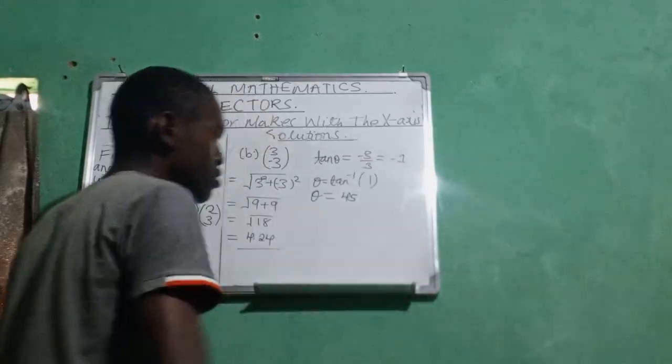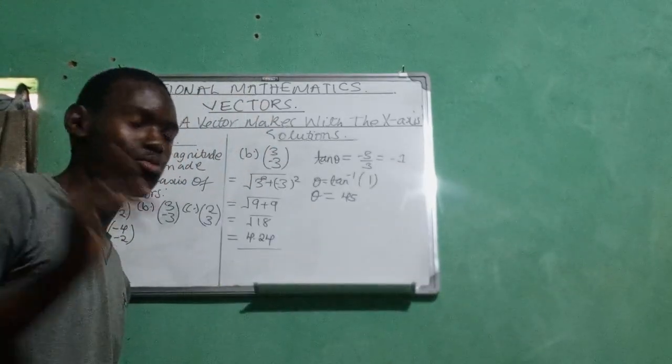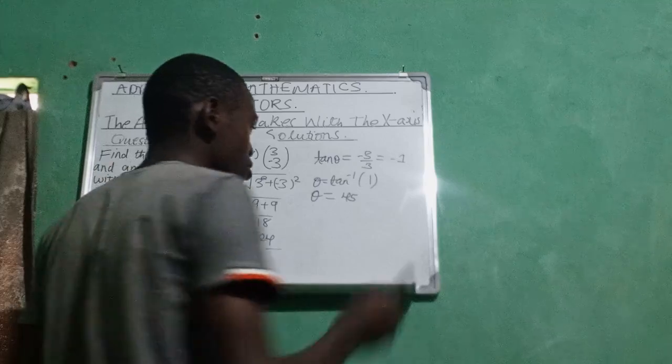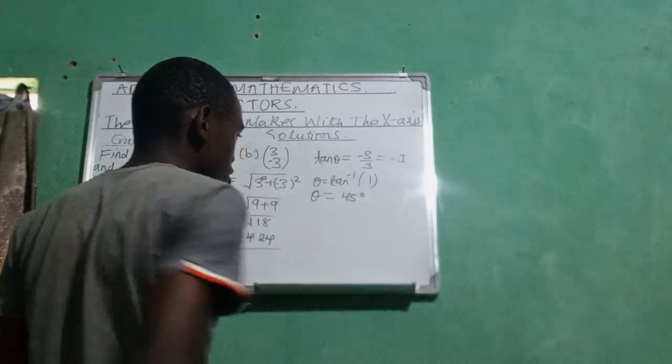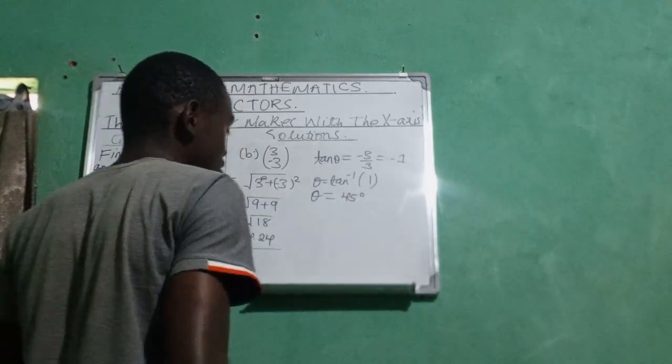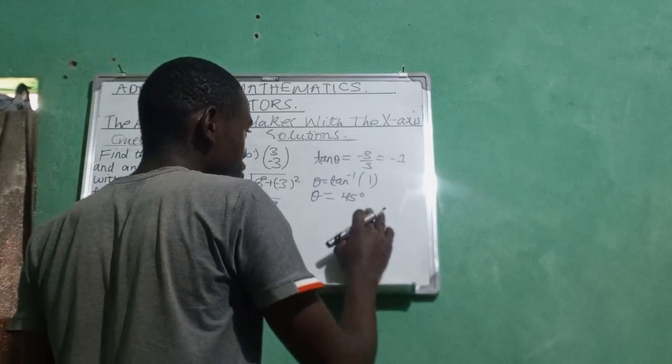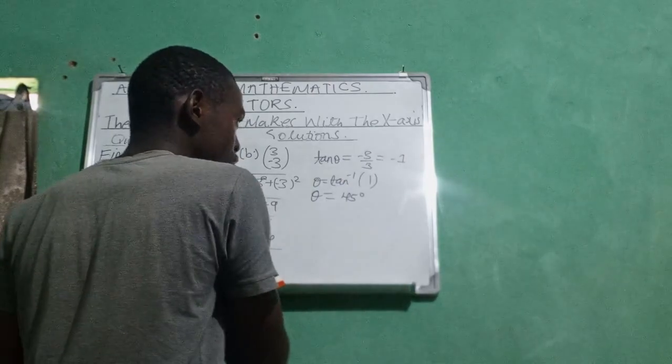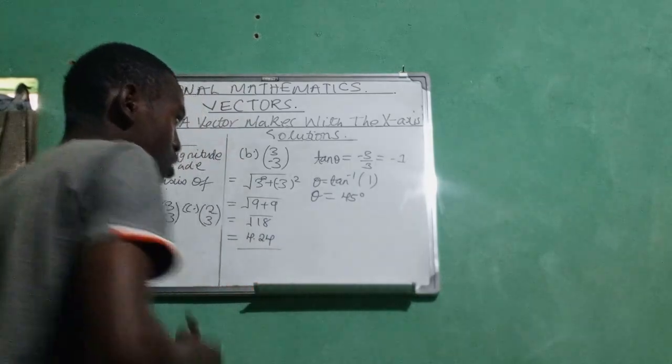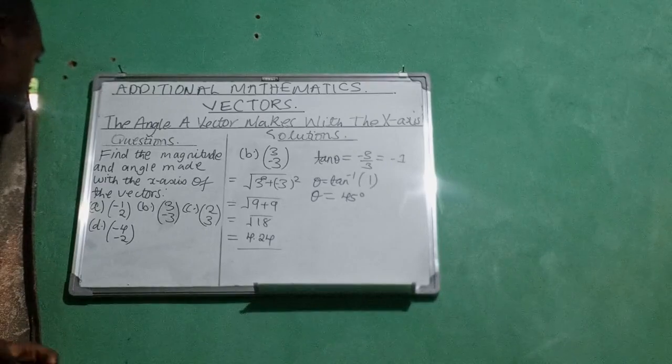Because tan 45 gives you 1, it's a special angle that you just need to know. After you find your 45 degrees, since it was negative, where tan is negative, it is in the second and the third quadrant.